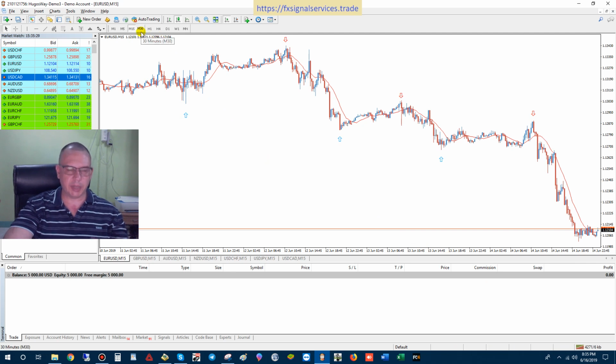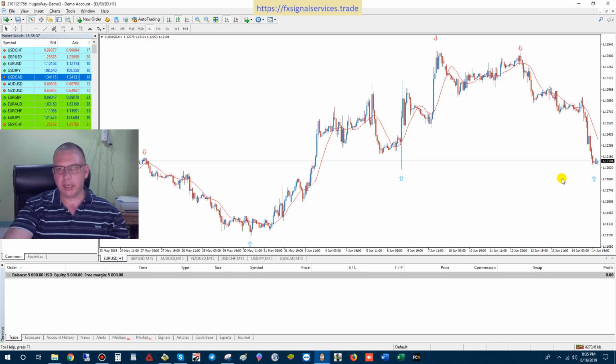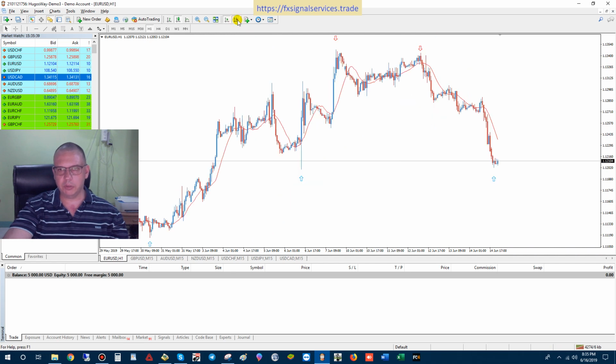But I need to look at some of the higher time frames to get an overall picture of what the market's going to do. So let's go to an H1, okay? If you look at the H1 time frame, and I shift the chart a bit, we see that the price has in fact been dropping for the last several days of the week. It started out here on the 10th of June and has been dropping ever since.